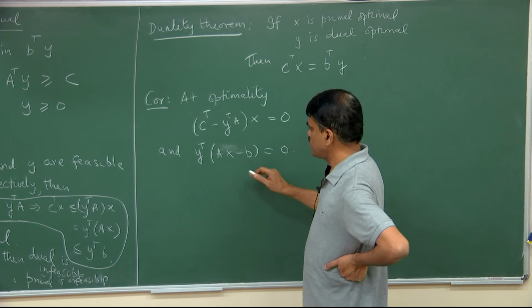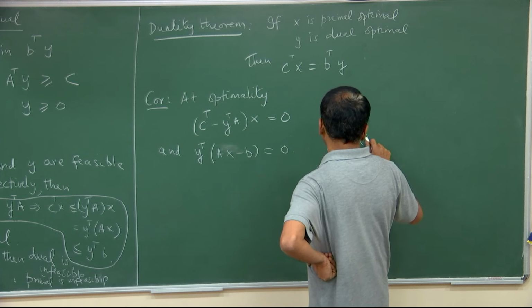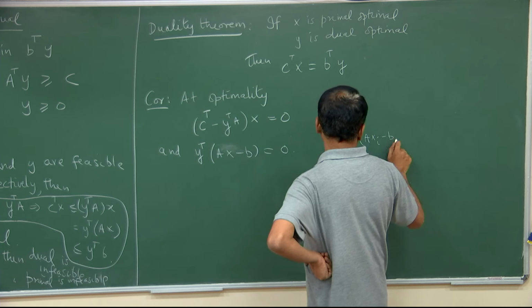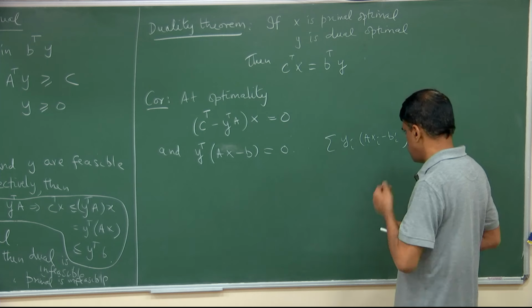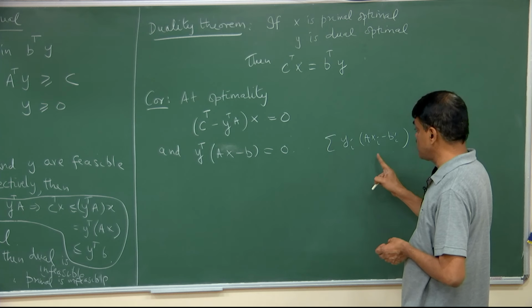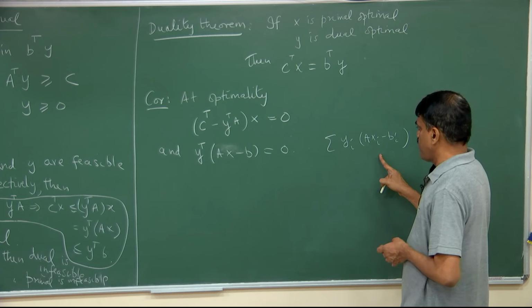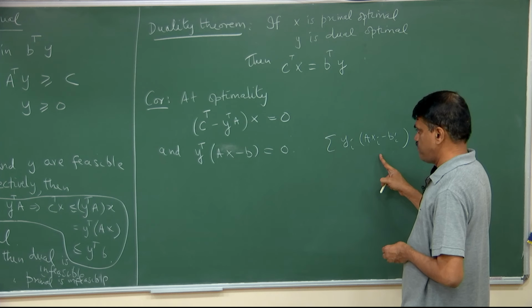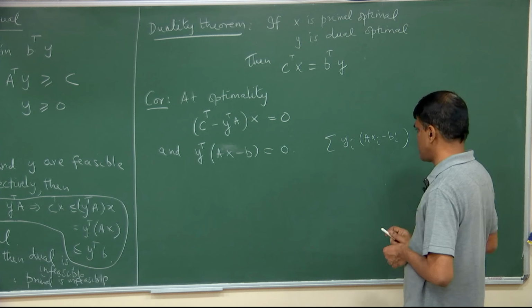And so you have the summation of y_i times (Ax_i minus b_i) equal to 0. Now these constraints may be satisfied with equality, so this may be 0 or less than or equal to 0. And something similar there.